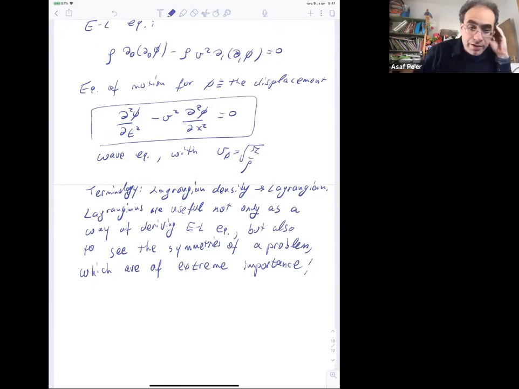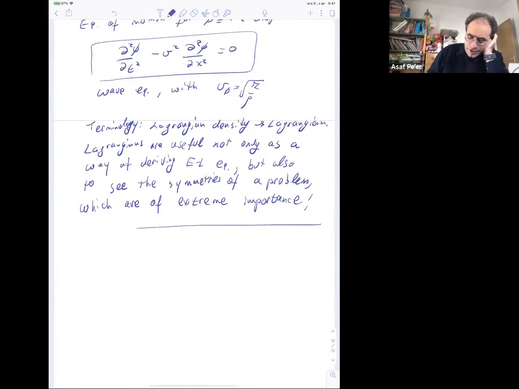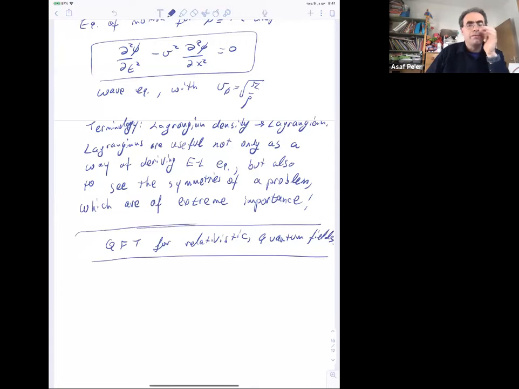Now let's start talking about Lagrangians for relativistic quantum fields. So, questions, by the way. This is all being done quite quickly, because I want to get to here.